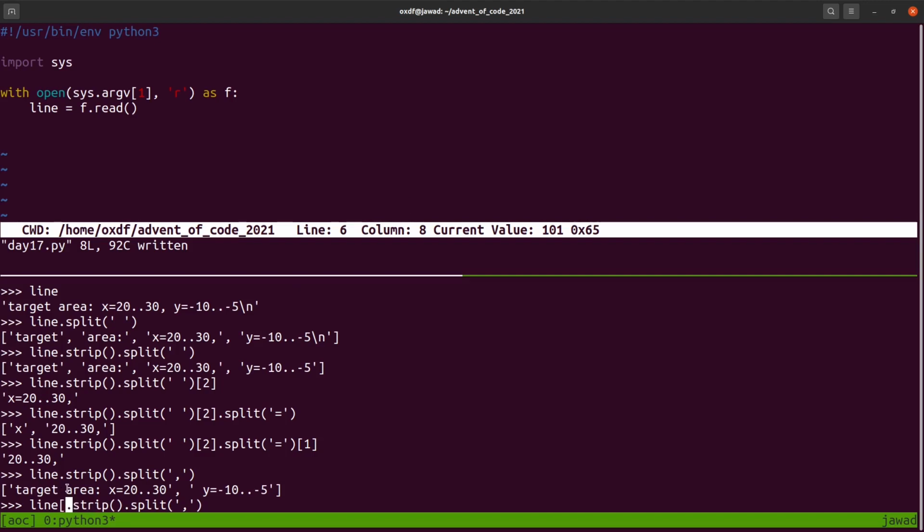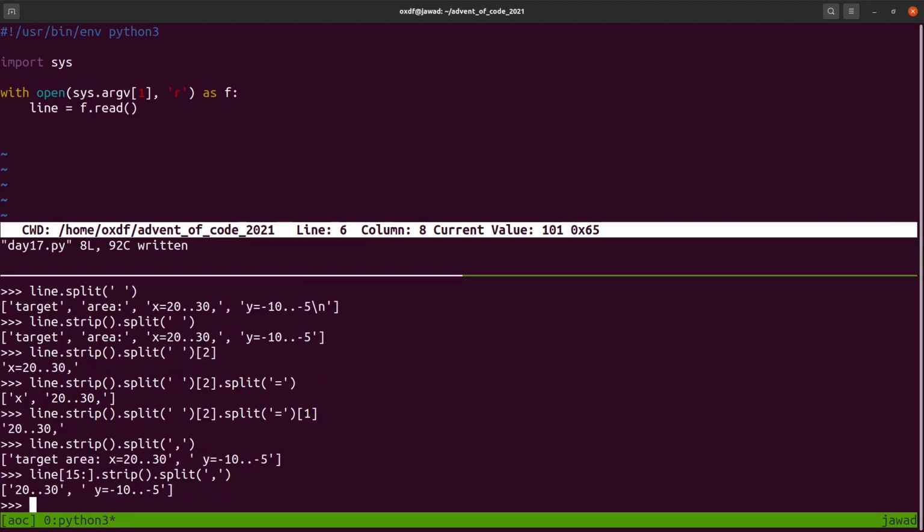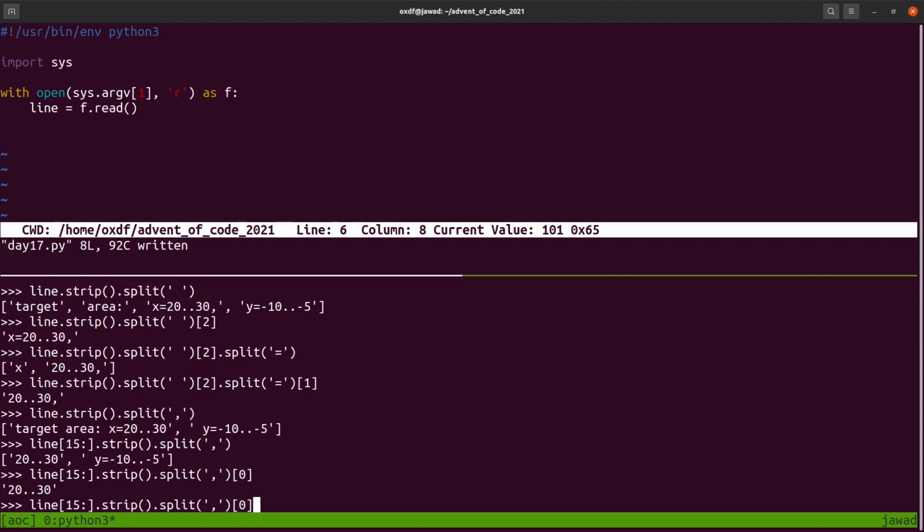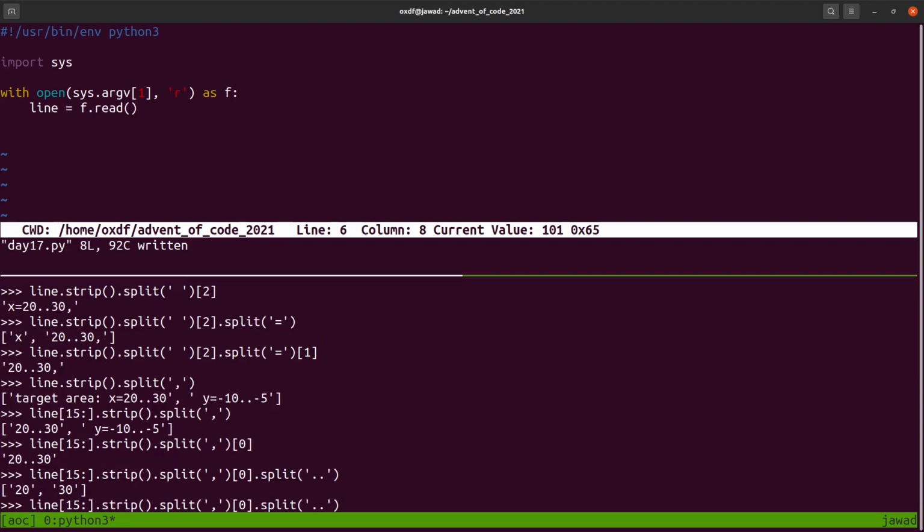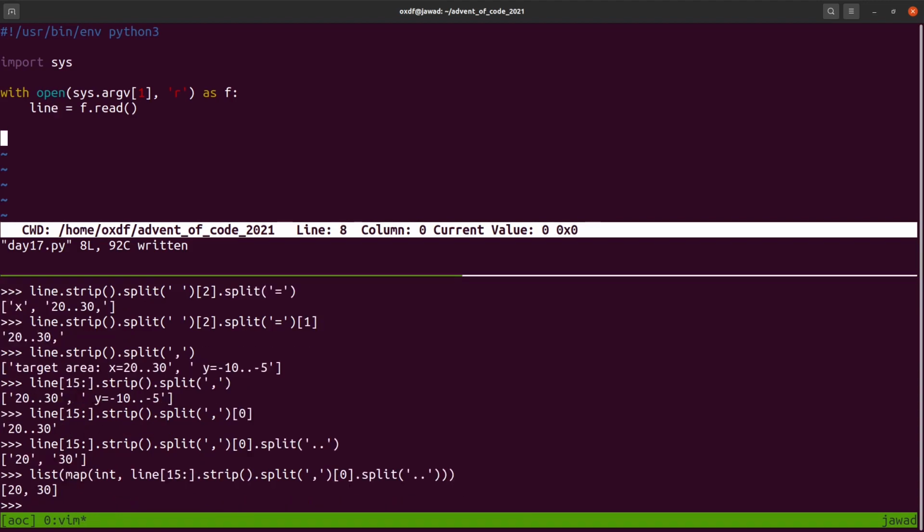So this would be 6, 7, 8, 9, 10, 11, 12, 13. We can get rid of the x, 14, 15. We can get rid of the x2. So what if we do that? What do we get? That looks better. So if we do that, sub 0, split on that, and we can list map int that, and now we've got x min and x max.